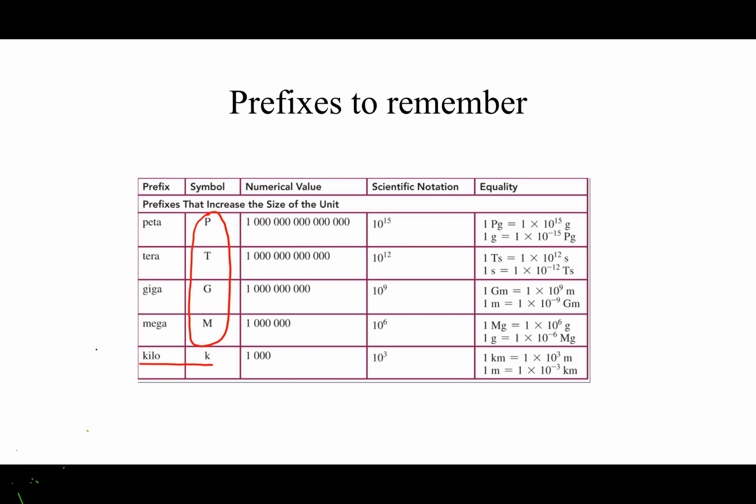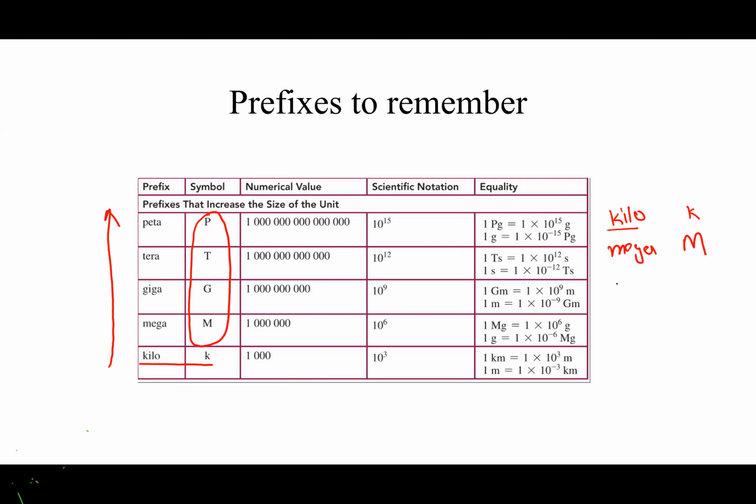We can remember it from bottom to top, which would be easy. The first one is kilo. Kilo is the only one with a small k symbol. Then is mega. Mega is capital M.